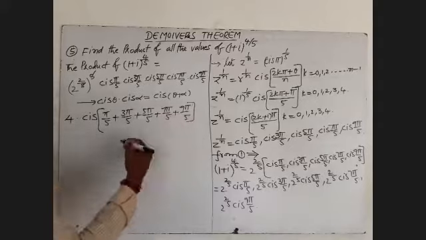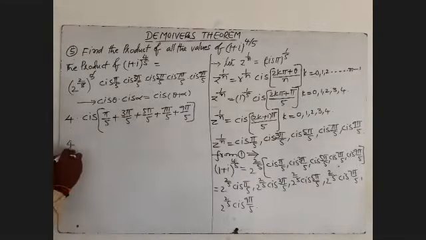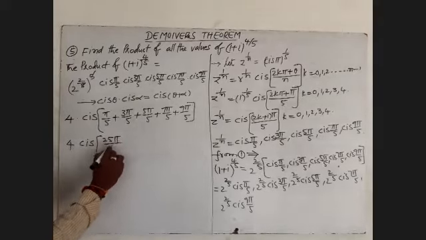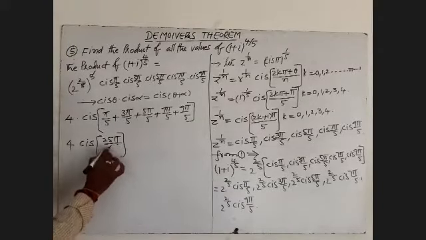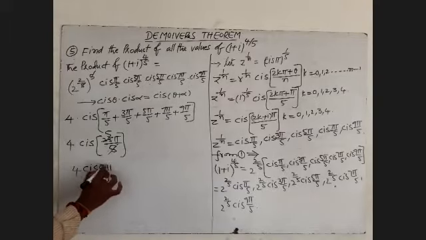You'll observe 9 pi plus pi is 10 pi, 7 pi plus 3 pi is 10 pi, 10 pi plus 10 pi is 20 pi, plus 5 pi is 25 pi. 25 pi by 5 is 5 pi, so I will write 4 into cos of 5 pi.